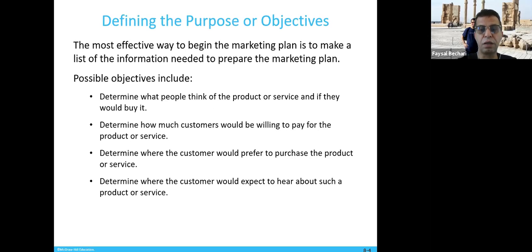Now, defining the purpose and the objectives. The most effective way to begin marketing planning is to make a list of information needed to prepare the marketing plan. So you write this list of information, and you need to really answer these questions. The objectives could include determining what people think of the product or service and if they would buy it.